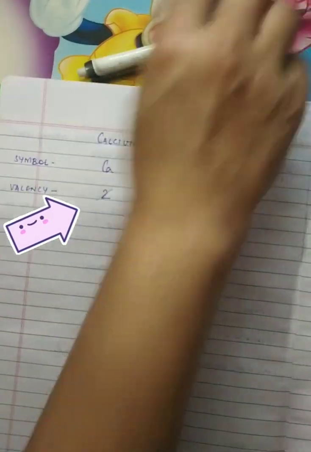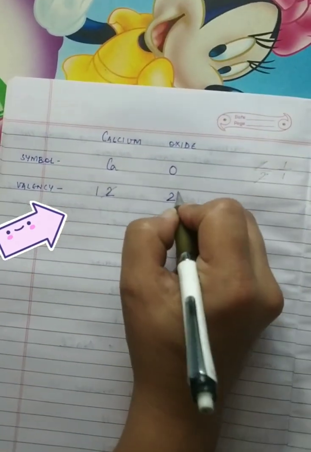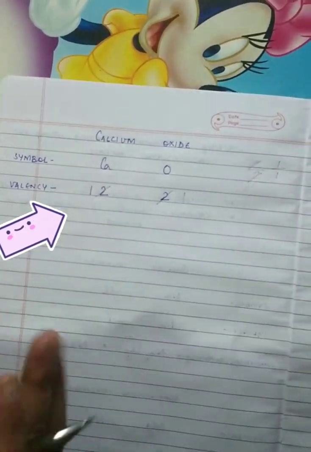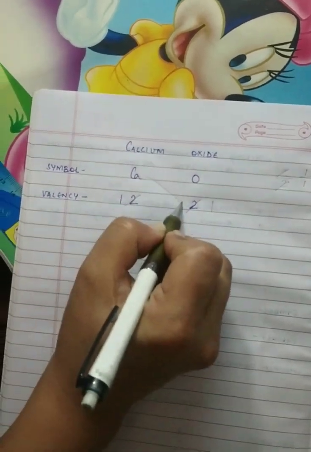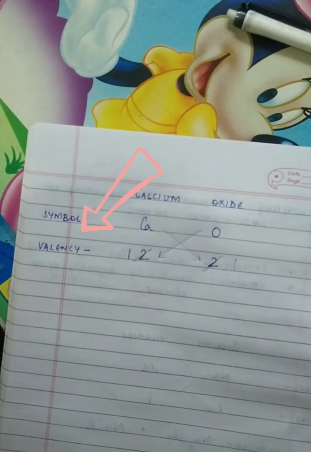So 2 ones are 2, 2 ones are 2, like your fractions only. So here we are cancelling. The next step is crisscross.